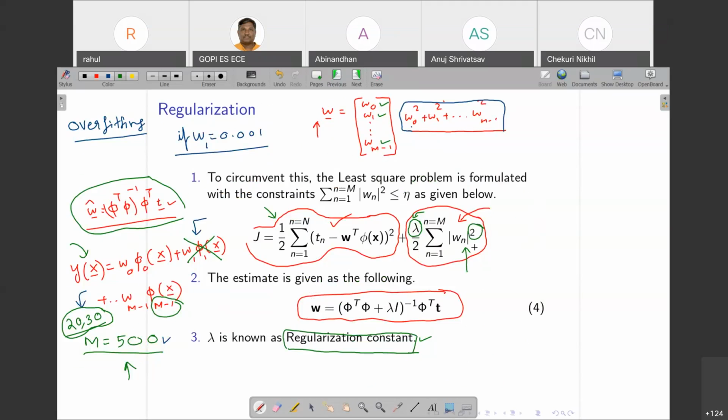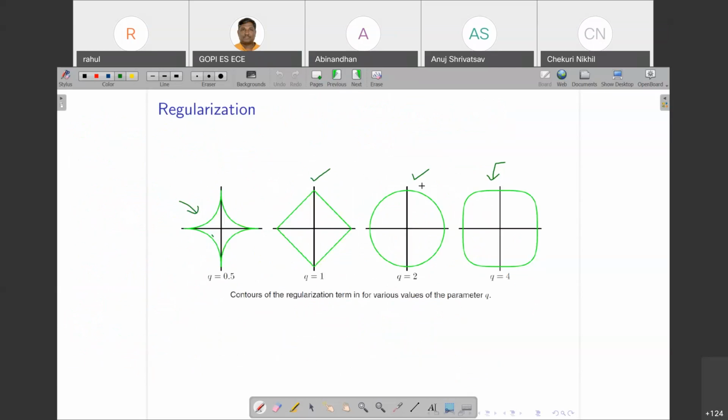If q is 2, you get a constraint contour like this. For q equal to 1 it is like this, q equal to 0.5 is like this, and q equal to 4 is like this. I have shown 1 and 2. This is just to make you understand that there are still other possibilities you can have.